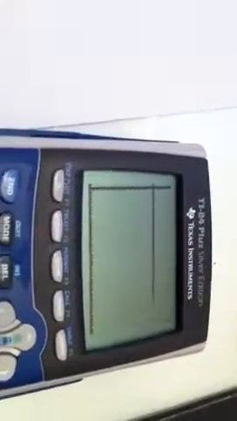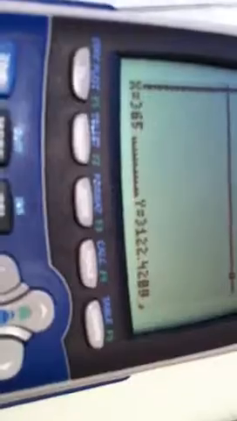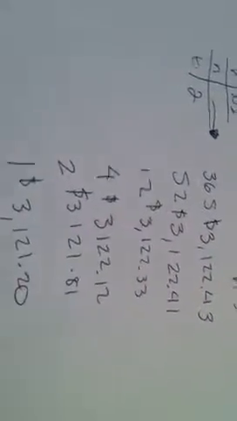It's loading the graph. I think I got it this time. Okay, let me see. Trace 365. Yes, there's our value, what we were looking for. Seems all I had to do was just change the window. $3,122.43. Alright, and that's it. Thank you for watching.